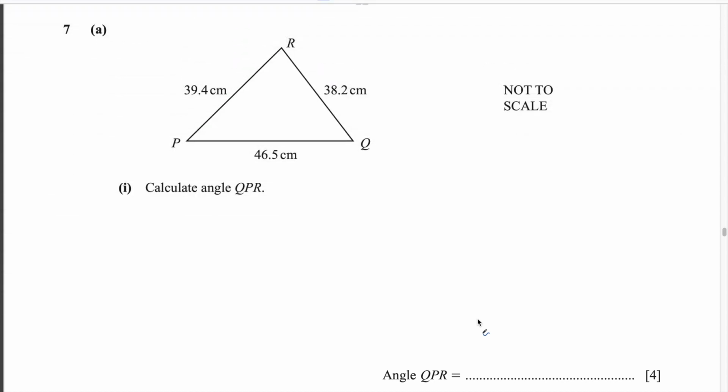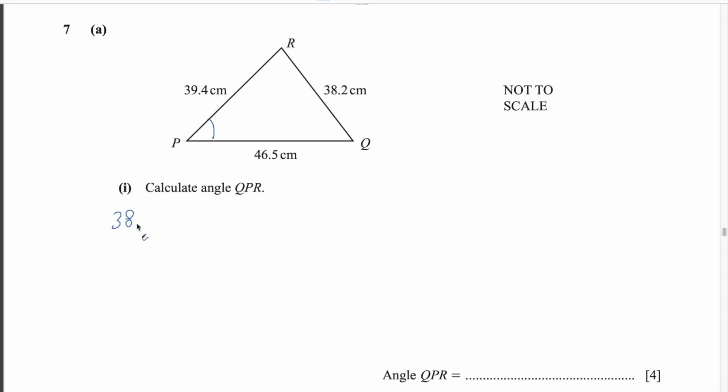Question number 7, it says calculate the angle QPR. You have a triangle QPR, and this is the angle. Now, as all three sides are known, you should use the cosine rule in order to find the unknown angle. So the cosine rule should be written for the opposite side of the unknown angle.